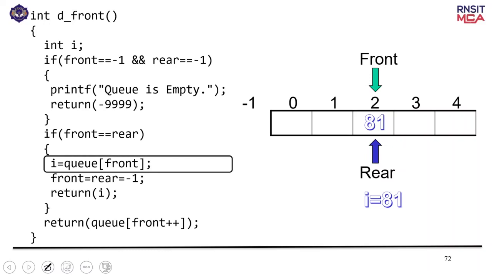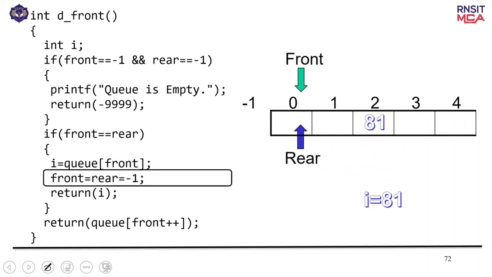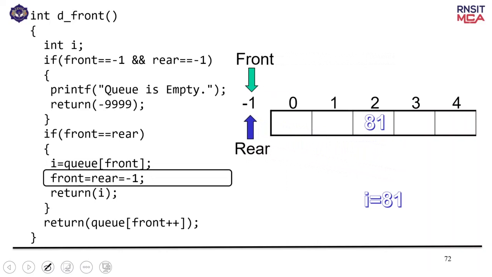Empty condition means front and rear should be equal to -1, right? So you make front and rear -1, and finally you return the I value. So 81 is returned. This is how you can delete from the front. And whenever you are deleting from the front, the front pointer operates.